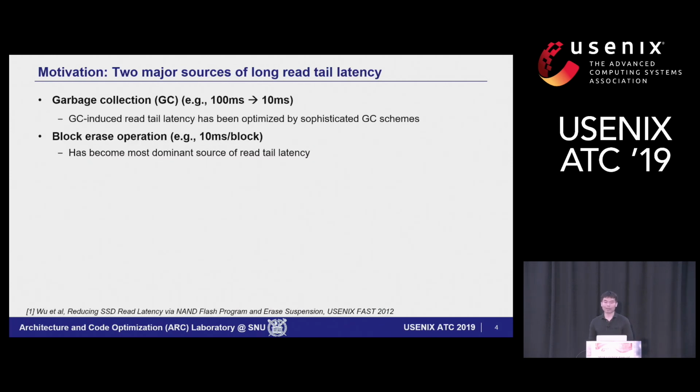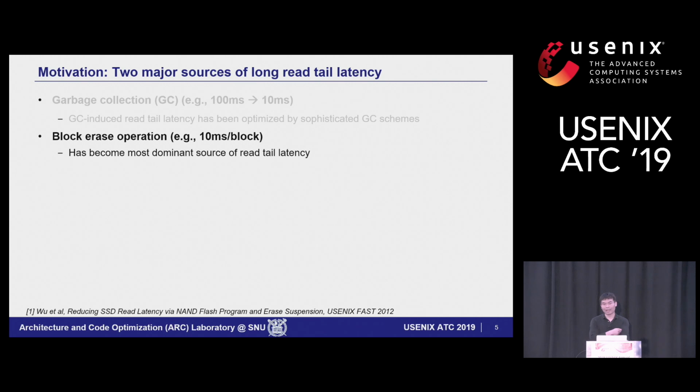There are two significant sources of long read tail latency: garbage collection and NAND flash erase operation. Garbage collection induced read tail latency used to exceed 100 milliseconds, but now, thanks to many advanced garbage collection techniques, the latency has decreased to 10 milliseconds.